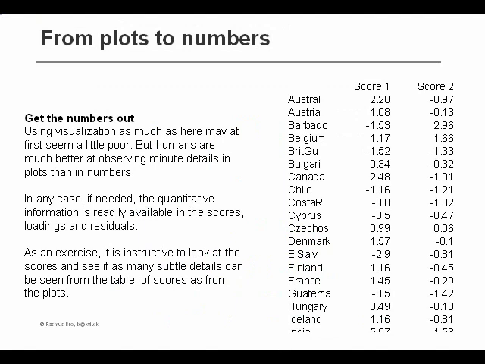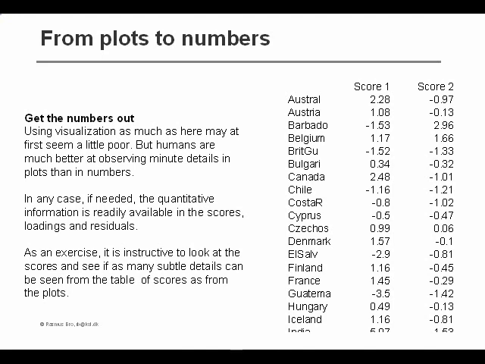Until now, we just visually looked at the PCA model, but it is important to note that it is a quantitative method, and you can have numbers out for all the different aspects of the model. You get scores, you get loadings and residuals. The loadings define the new coordinate system, defines the plane in case we have two components.